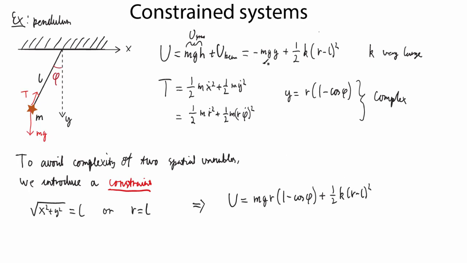That was what we had for the potential in polar coordinates. And we will stick to polar coordinates, because things are simpler there. Okay, R equals L. Well, that means that the potential energy here is actually equal to mgL times 1 minus cosine phi, and then this becomes 0.